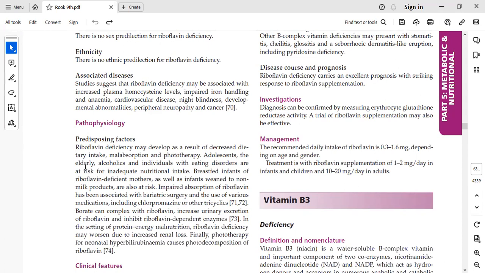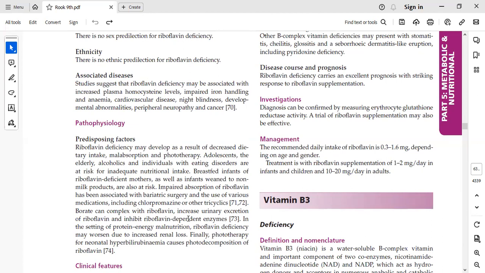Besides this, it can also happen in the elderly and in alcoholics, because alcohol prevents the absorption of riboflavin in the enterocytes. Patients with eating disorders like bulimia nervosa or anorexia nervosa are also at increased risk of riboflavin deficiency. And breastfed infants of riboflavin deficient mothers are also at risk.